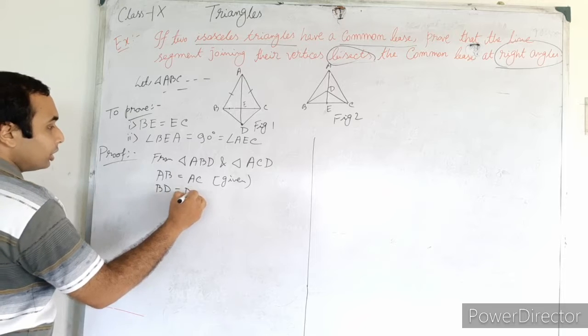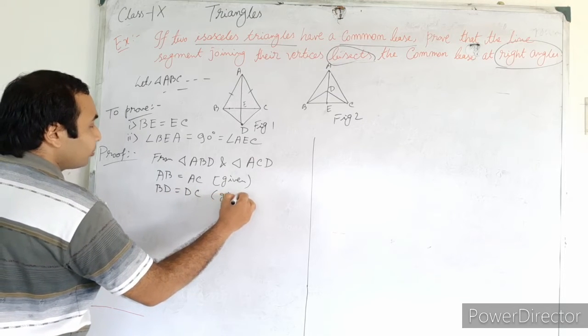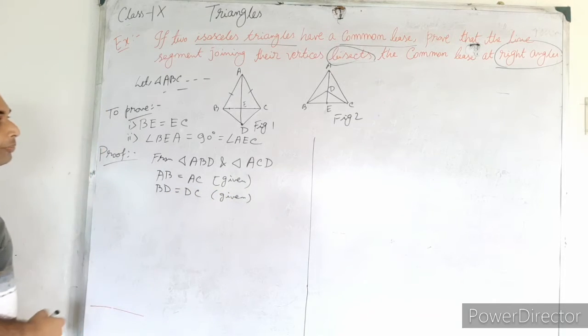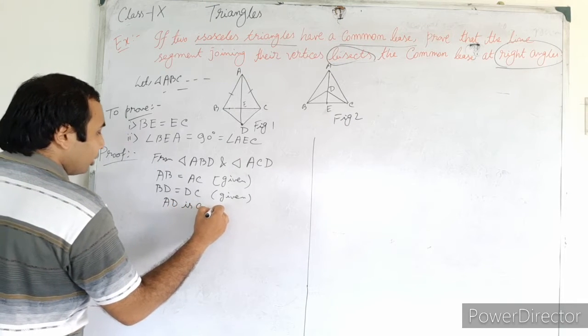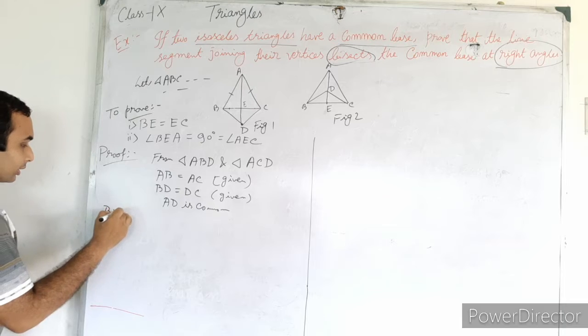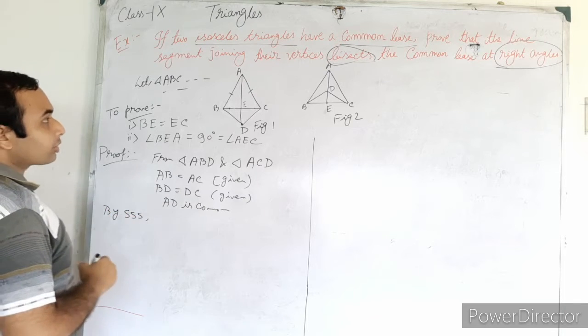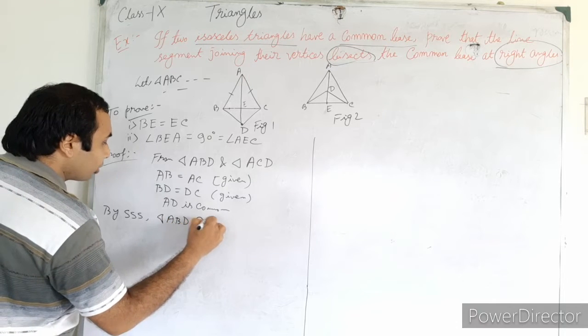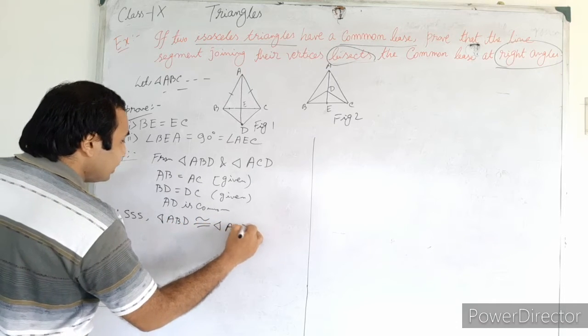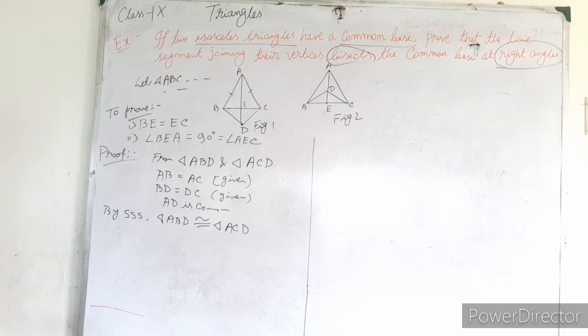BD is equal to DC, it is also given because BCD is also an isosceles triangle, and AD is common. So by SSS congruence property, we can say triangle ABD is congruent to triangle ACD.